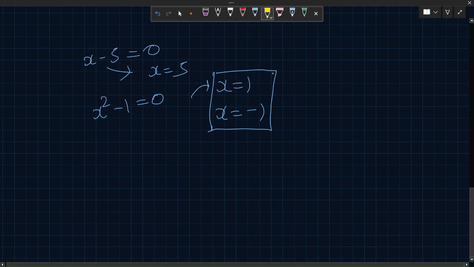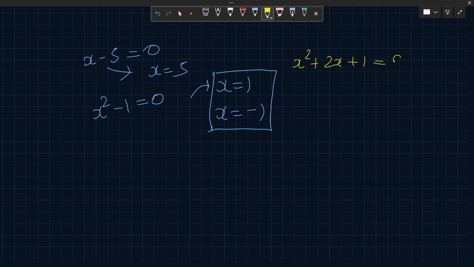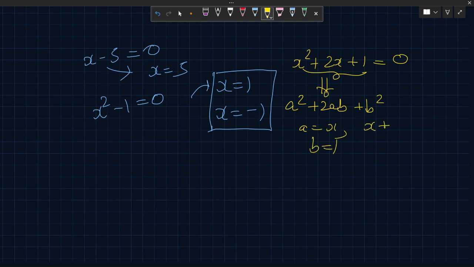If we take the equation x square plus 2x plus 1 equal to 0, if you recall, this is just a square plus 2ab plus b square, where a is x and b is 1. So this is just x plus 1 the whole square equals 0, which is just x plus 1 into x plus 1 being 0.